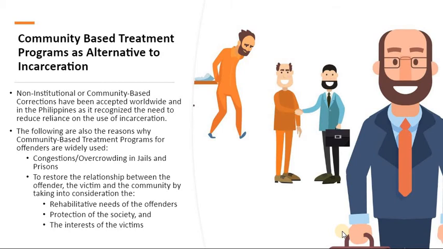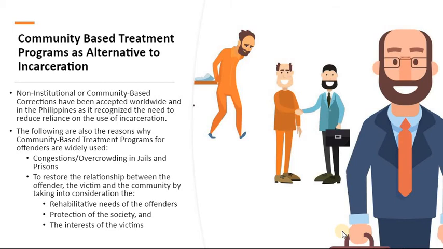So, anong nare-restore? Yung relationship niya within the community. Hindi na siya ganun kinakatakutan ng iba, 'di ba? Kaunti-unti. Or, pwede rin siyang matulungan ng family niya for rehabilitative purposes, 'di ba? For the emotional impact. Also, protection of the society. Kasi nga, yung fear nila na gagawa siya ng ganito kasi criminal yan.